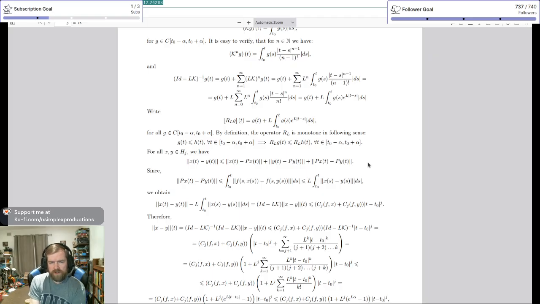We write R sub L G of t equal to G of t plus L times the integral from t0 to t of G of s times e to the L absolute value of t minus s.